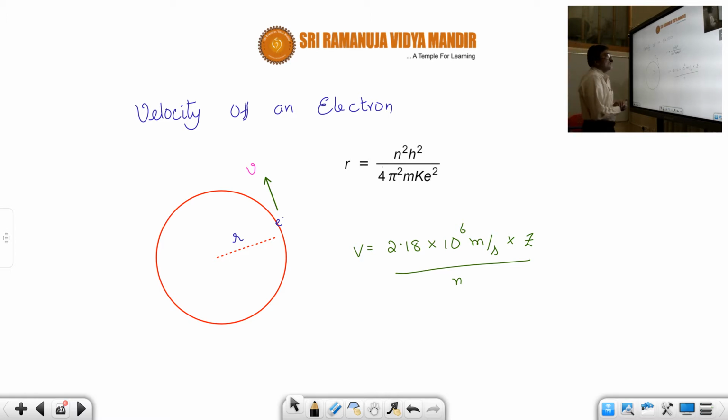Here an electron is moving at a particular velocity and you are expected to find out that velocity. You are very aware that the orbit in which the electron is moving in a circular orbit is a quantized orbit. What orbit? A quantized orbit.